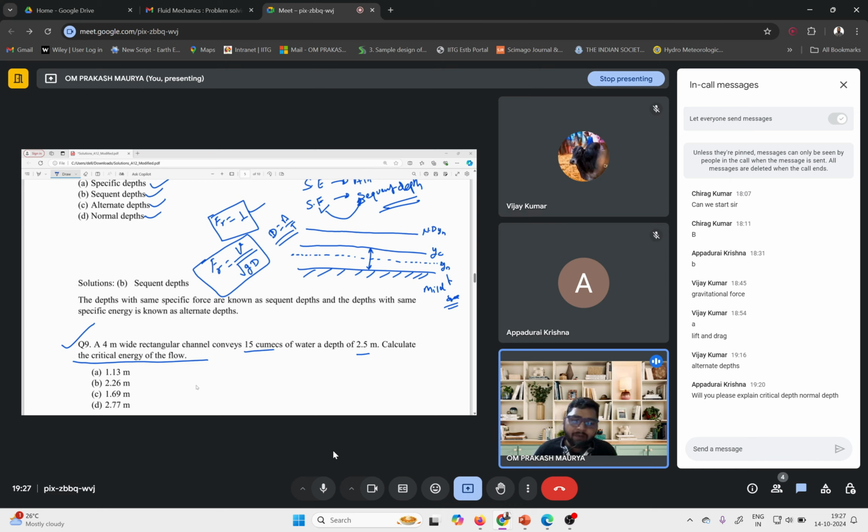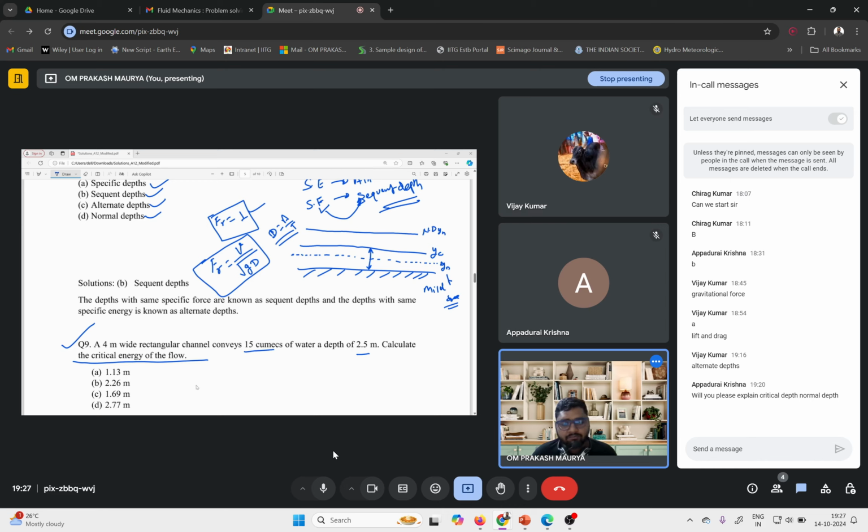In most practical cases, flow always tries to reach the normal flow. Remember please, normal depth, whether the slope is mild or steep or other, flow always tries to reach the normal.